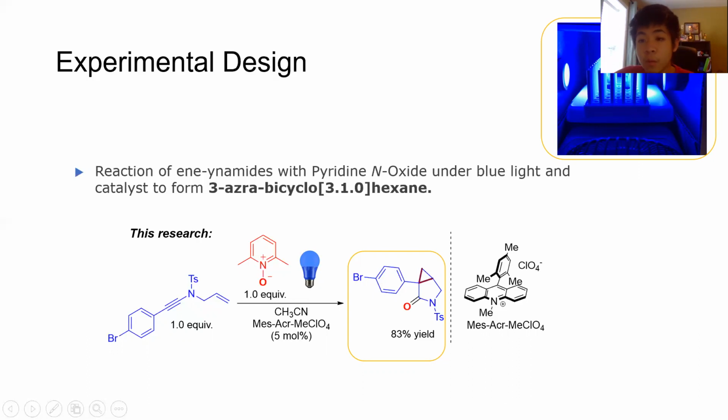We place it in a cardboard box and we expose it to blue light for 24 hours. We place our chemicals in these vials, and it's being stirred continuously with a stir plate to facilitate even stirring. So after 24 hours, we would take the chemicals out of the vial and we would try to isolate our desired bicyclic compound.